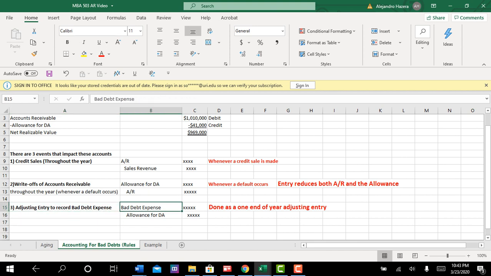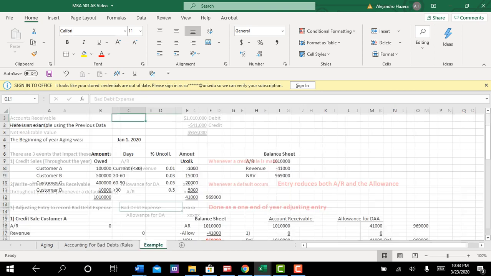And finally, only one time during the year, we make an adjusting entry that replenishes our allowance account because it keeps getting smaller with each write-off, and which also records the expense on new credit sales for this year, the expense of which represents the portion of new credit sales that we don't expect to collect. That's the best way to put it. Okay, so let's go back to the example.